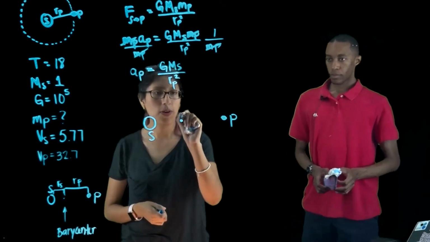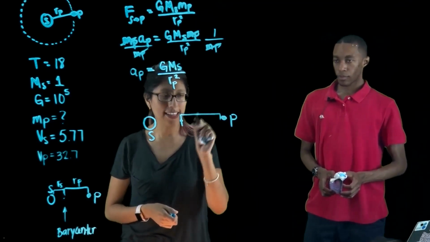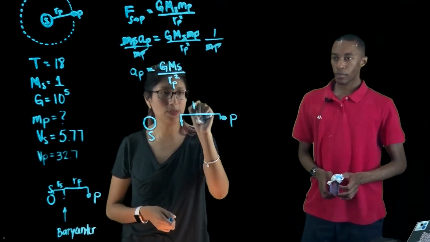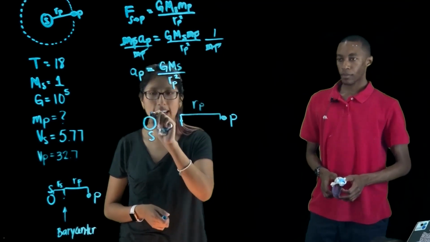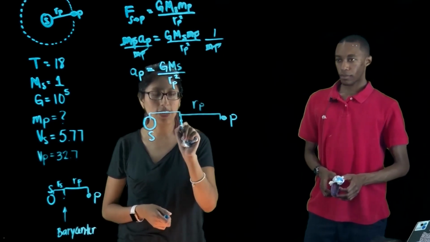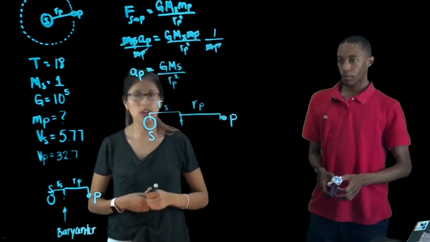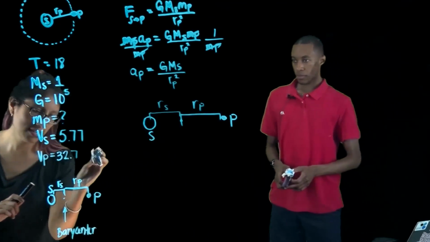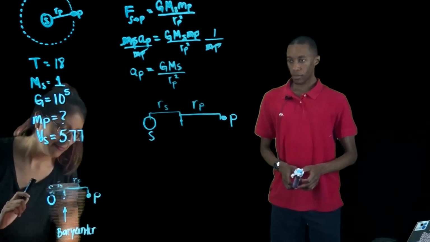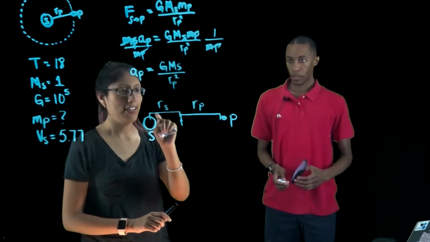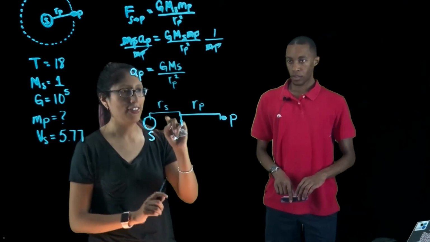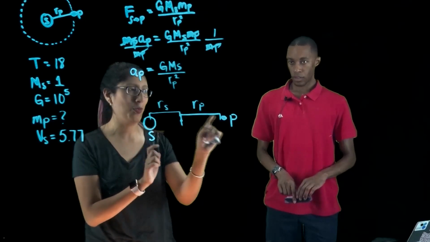So we're going to have, again, this distance, we're going to call it the radius of the planet, and the distance from the sun to this center spot, we're going to call it the radius of the sun. So let me erase this over here, because we no longer need it. So again, this is going to be the orbit radius, not the physical radius of the sun or the planet.